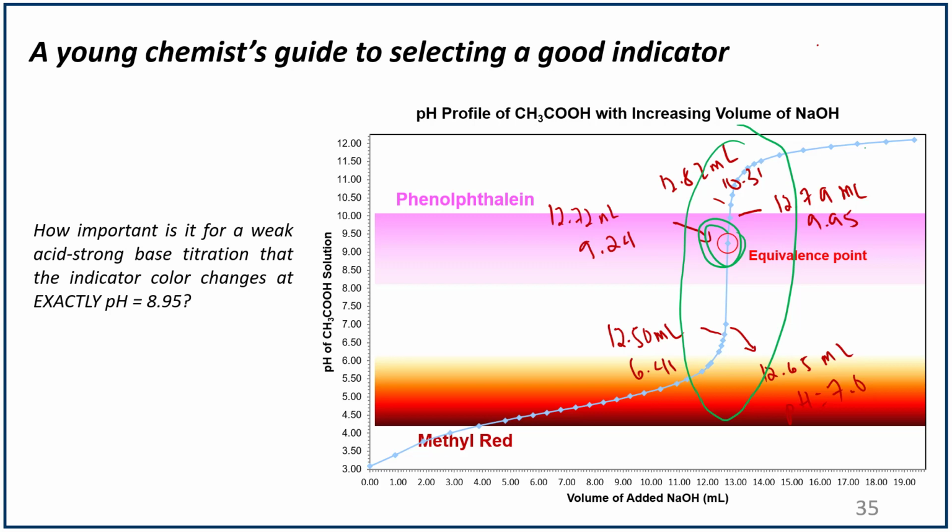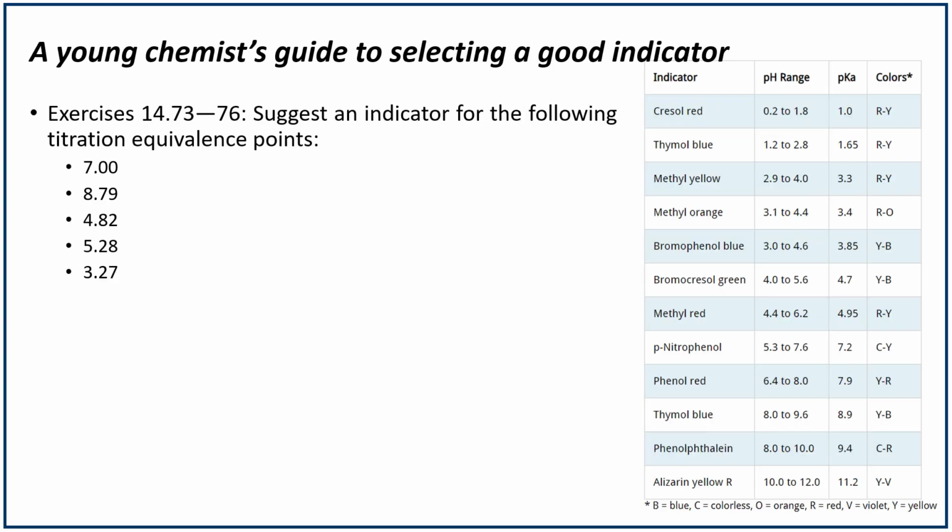Alright, so let's answer just a few exercises on indicators. We're given here equivalence points, and you're just asked what do you think will be a good indicator for the following titration equivalence points. You're not given whether the titration is a strong or weak titration, but instead you're just given the equivalence points.